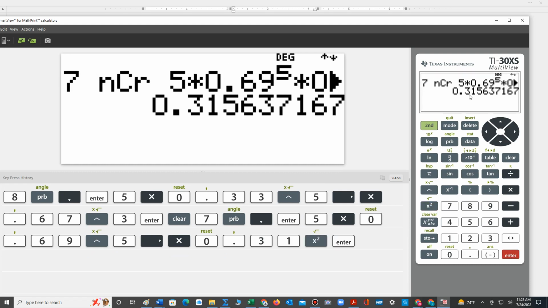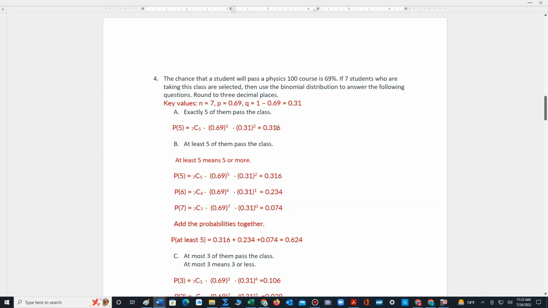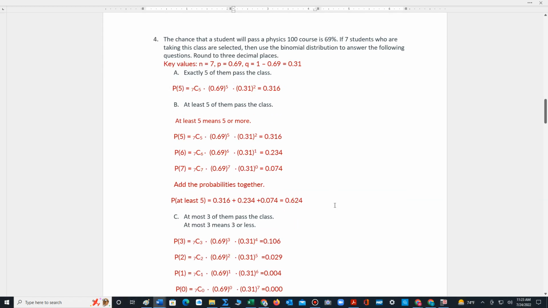And we get, if we round this to 3 places, 0.316 is the answer. For part B, it's saying at least 5 of them will pass.